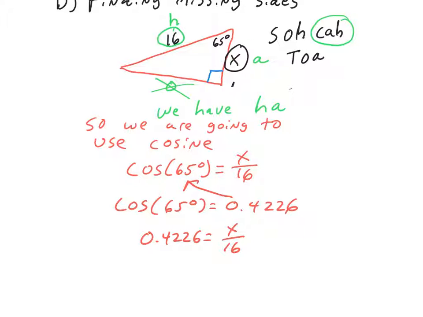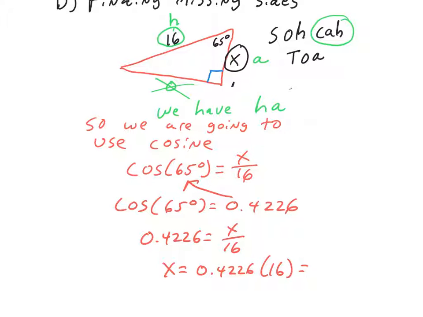X is in the numerator, so that means I'm going to multiply by the denominator, get rid of the 16. So x is equal to 0.4226 times 16. The way I do it is I'll just leave it in the calculator because it's much more accurate than 0.4226.